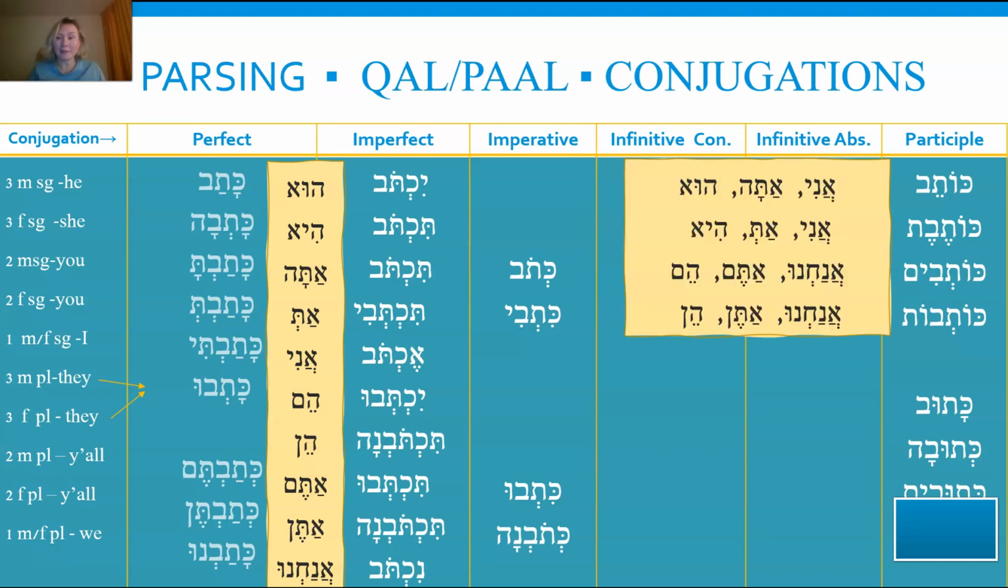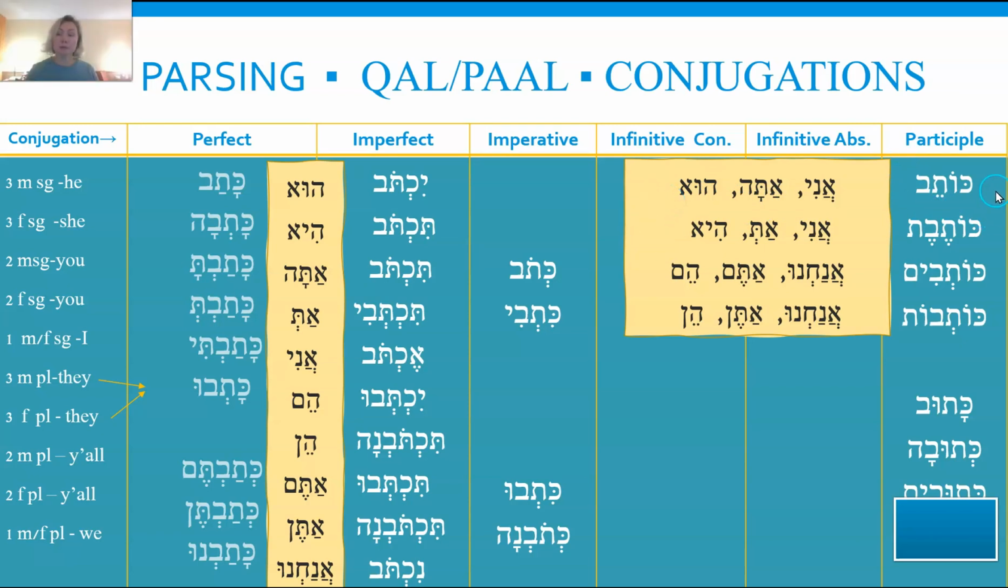So I have added blocks with the pronouns, and at this point I hope they are easy for you. So if you look at them, it's ani, ata, hu, right? All three are possibilities for a masculine form. Any man can say ani, ata can be said to anyone who is masculine, and hu will be he.